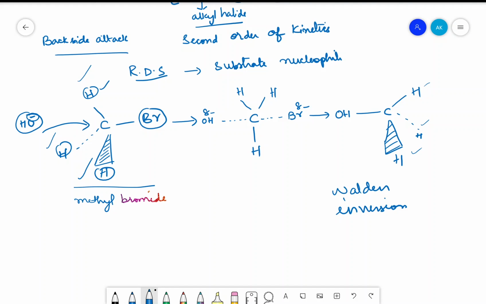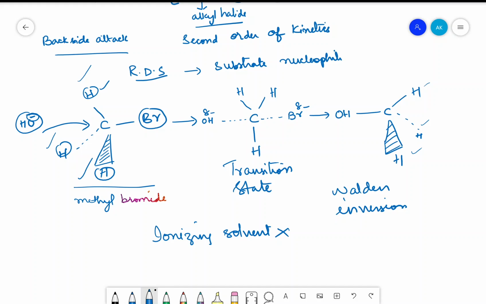This is a one step reaction which has a transition state. And SN2 reaction does not require ionizing solvent. Ionizing solvent is not required in SN2 reaction, whereas in SN1 reaction we require ionizing solvents.